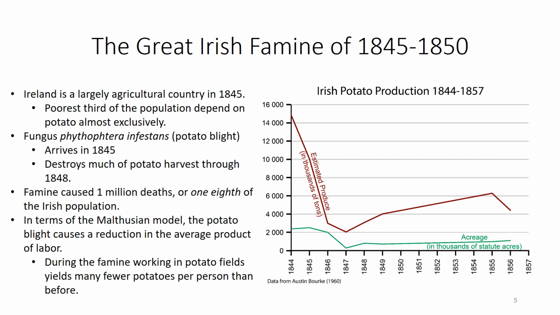When the potato blight is rampant across the country, all that work that people are doing is yielding many fewer potatoes than before. And so while there are lots of deaths here, the mechanism is not coming from outside of the Malthusian model, so from a disease that's not related to agricultural production like the Black Death, but one that's intimately connected with it.